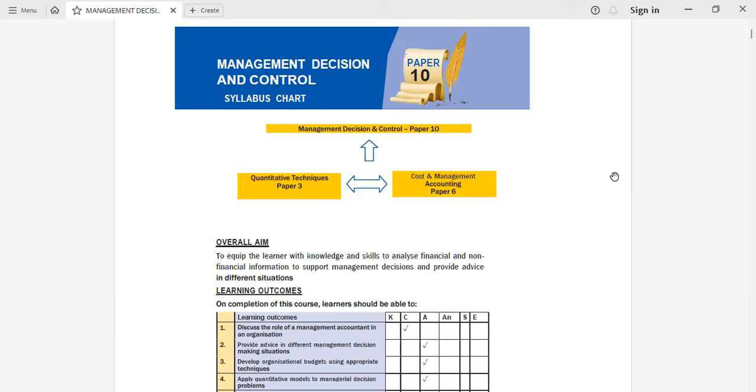Today we are starting our series on management decision and control, and that is paper 10, CPA level 2.